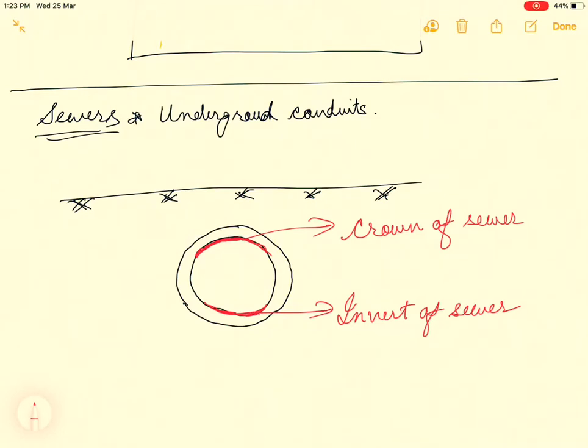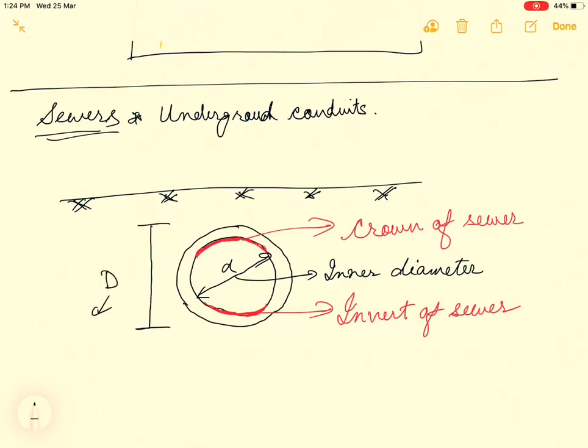This will be your inner diameter, let's say small d, and the complete capital D is your outer diameter. So this is a sewer.